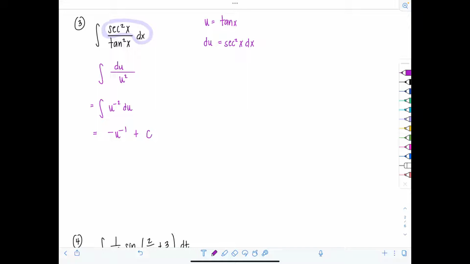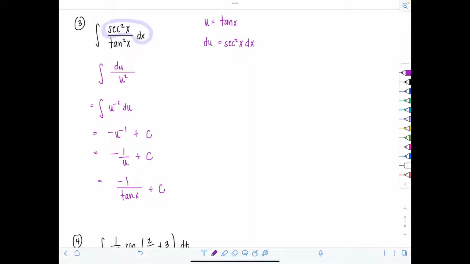Love it. Okay, let's keep cleaning things up. So we have negative, u to the negative first is just 1 over u plus c. And what was u? U was tangent x. Okay, so this is -1 over tangent of x plus c.